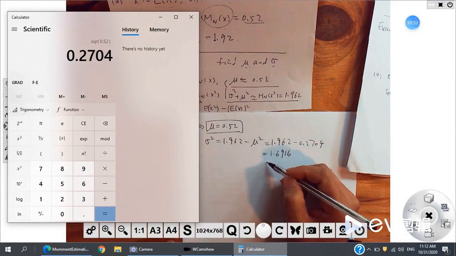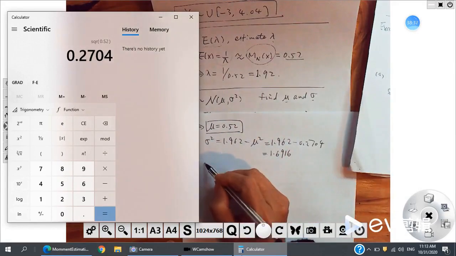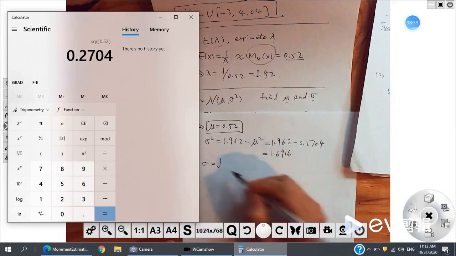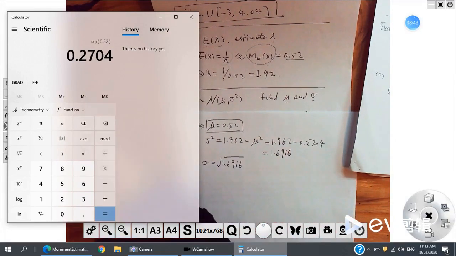So what do we ask for? We ask for sigma. So sigma is the square root of 1.6916.